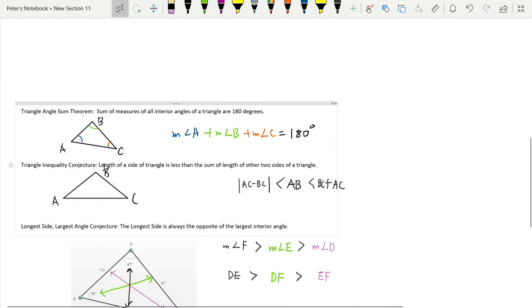What this was saying was that the length of a side of a triangle is less than the sum of the lengths of the other two sides. So just pick any side of a triangle, and it will always be less than the sum of the lengths of the other two sides. And this is just a fancy way of writing that down over there. We'll revisit this later on.